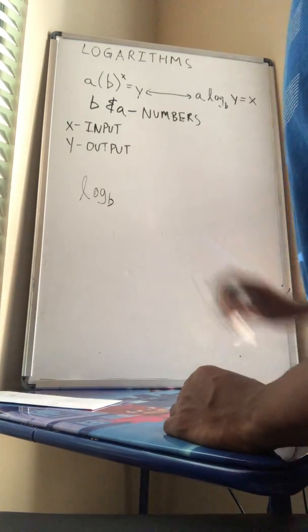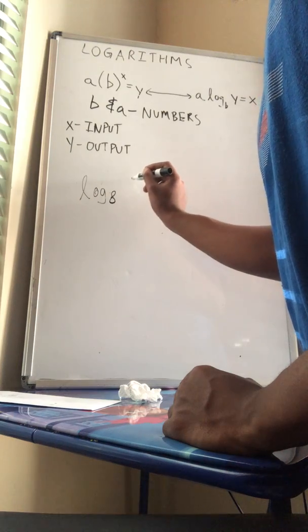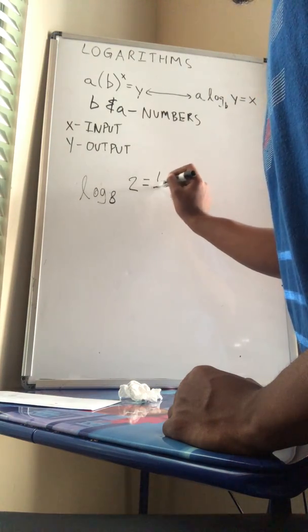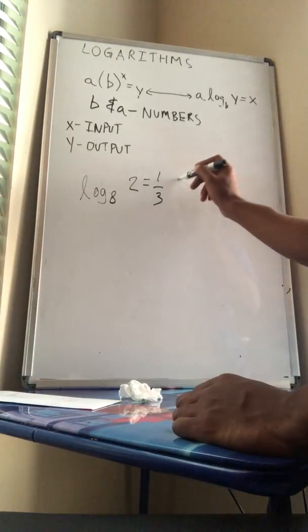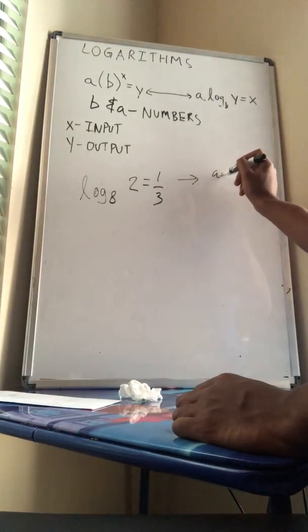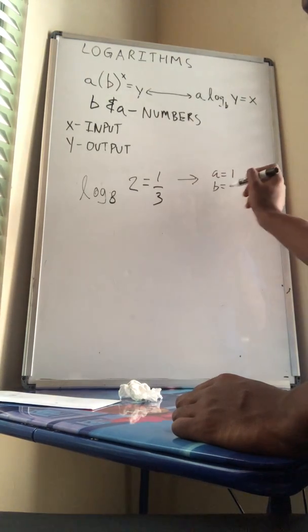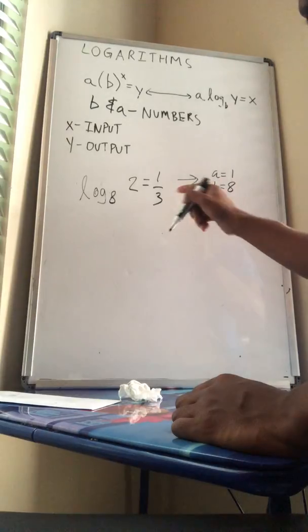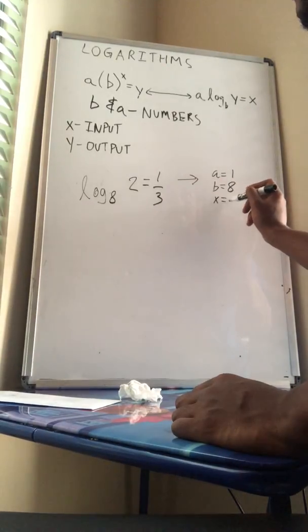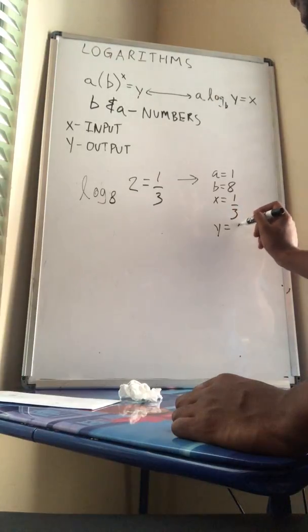I think it was log base 8 of 2 is equal to 1/3. So now I would identify that my a is 1, my b is 8, my x is a third, and my y is 2.